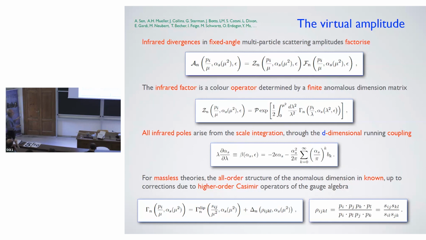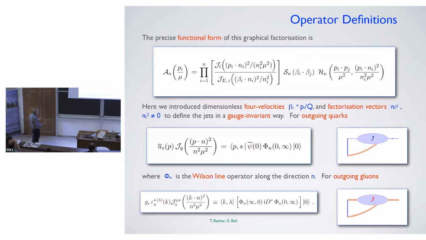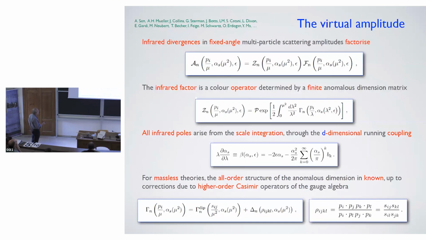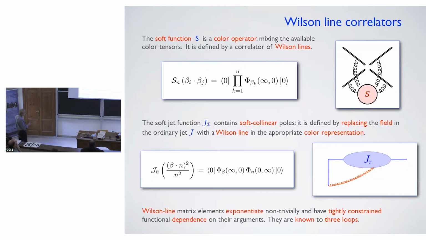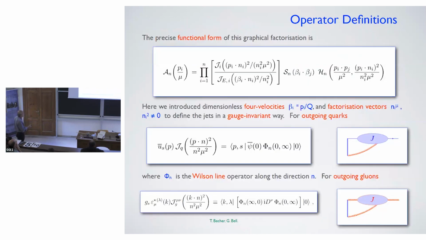And from the virtual, this was discussed by other people, we know that we understand the virtual poles extremely well. They factorize in this exact way, and this Z factor here actually has structure, and it is the product of jet functions times soft, subtracting out the soft-collinear part, okay?